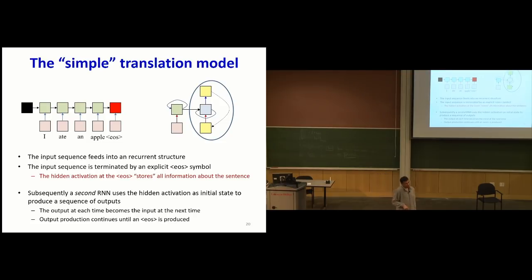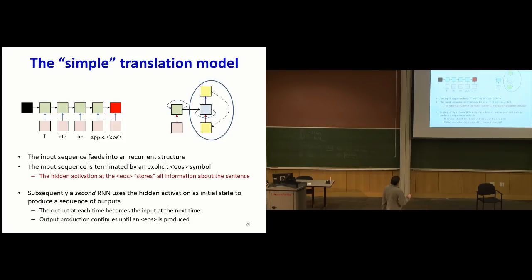Let's watch. Okay. So here I'm going to take an input sequence, and once the end of sentence marker is processed, at that point my hidden units have some representation, shown by this red block over here, that captures all the information about the sentence that has been fed in.